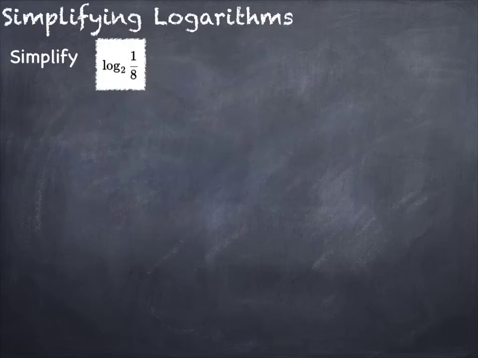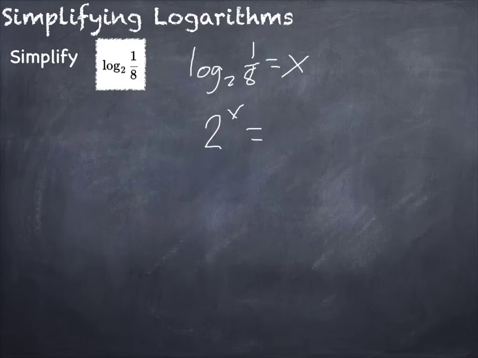We're going to use that idea now to simplify an expression. If I wanted to simplify this expression, what I would do is rewrite it. So I'd have log base 2 of 1/8 equals x. What number do I raise 2 to get the number 1/8 out? Or, in other terms, 2 to what power equals 1/8. In order to solve this, we want to rewrite it in the same base.